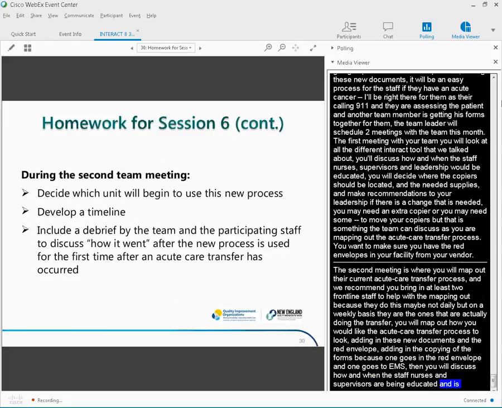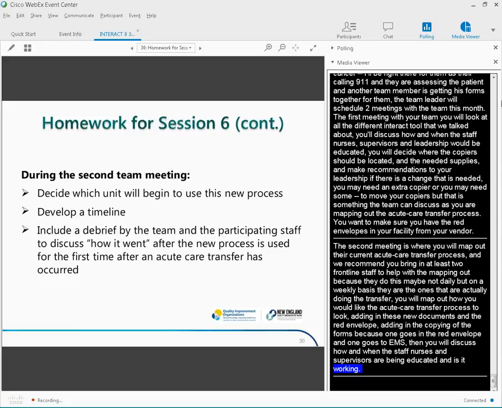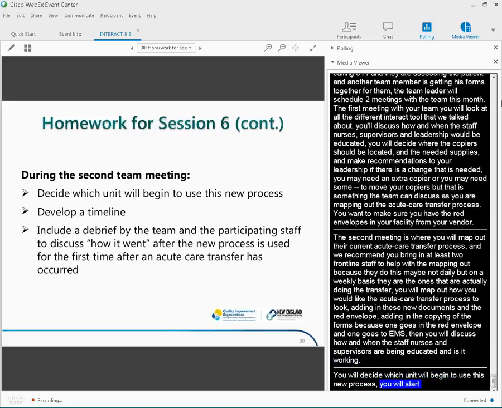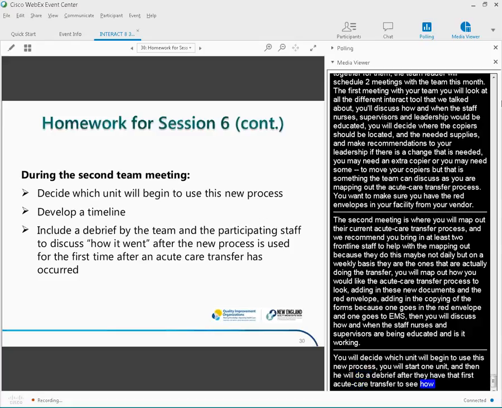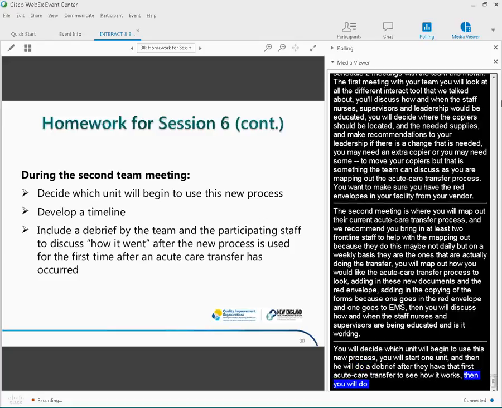You're also going to decide which unit is going to begin this new process. Again, you're going to start with 1 unit, 1 nurse, and then do a debrief after they have that first acute care transfer to see what worked and what didn't, and then make it a little better. That's what we call a PDSA cycle.